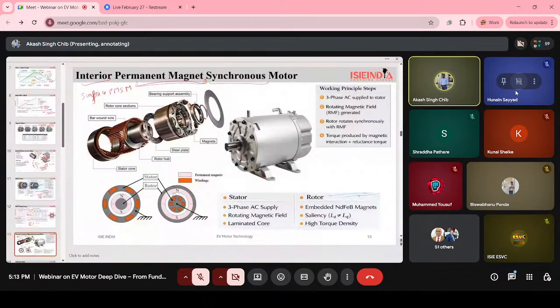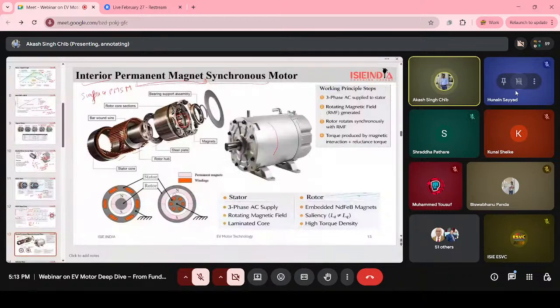All right, no issues. Basically, this is our interior permanent magnet motor. The outer part here is not rotating, so the picture displays the interior permanent magnet, and the rotating part is inside.